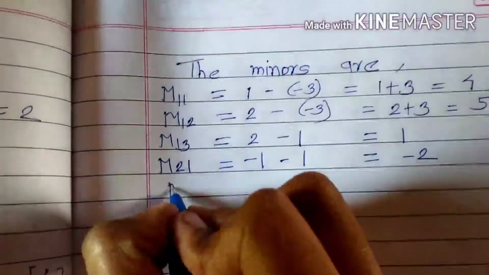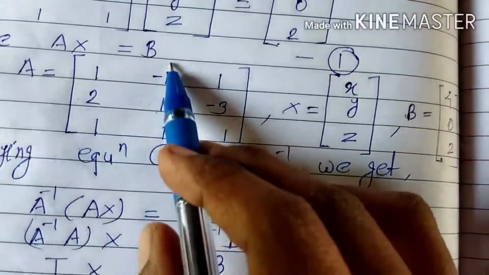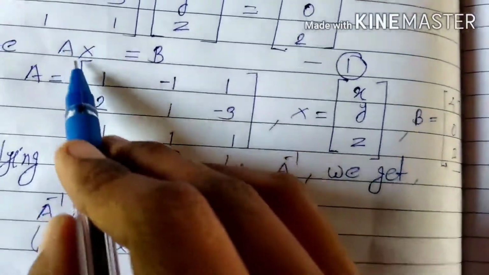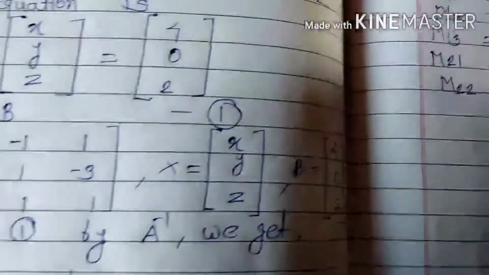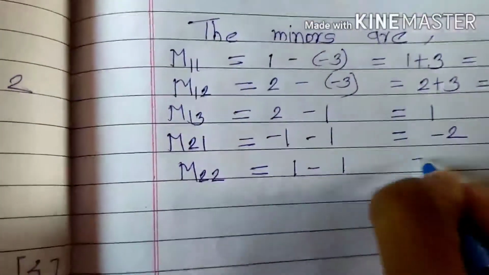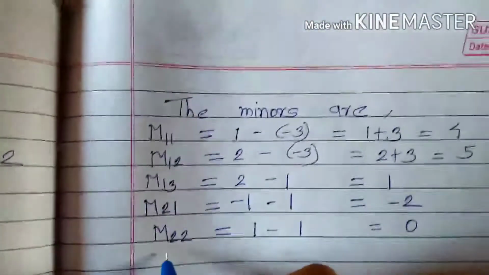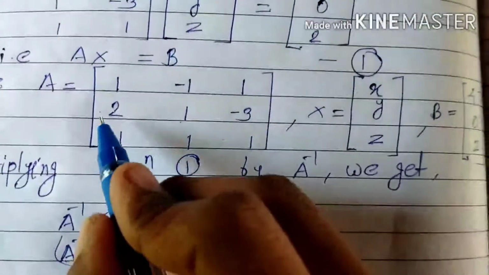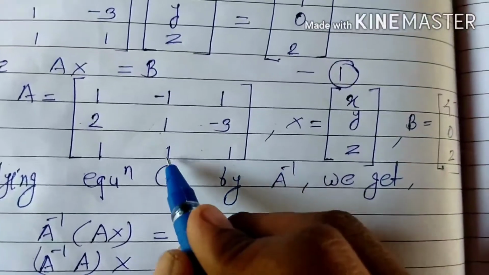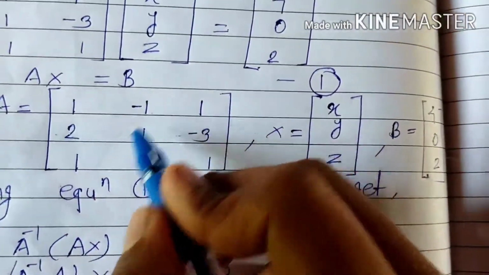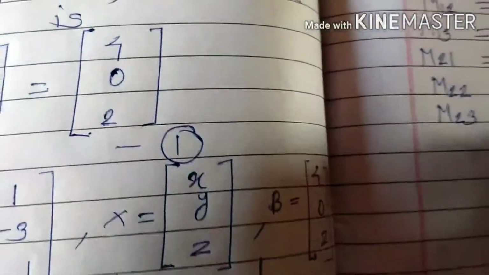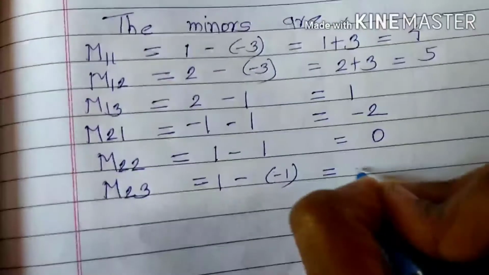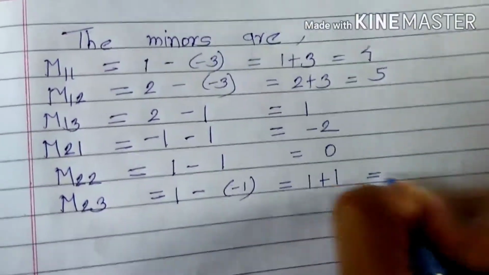Next, M22, deleting second row and second column, you get 1 into 1, 1 into 1, 1. So 1 minus 1 is equal to 0. Next, M23, deleting second row and third column, you get 1 into 1, 1, and this minus 1. So 1 minus minus 1 is equal to 1 plus 1 is equal to 2.